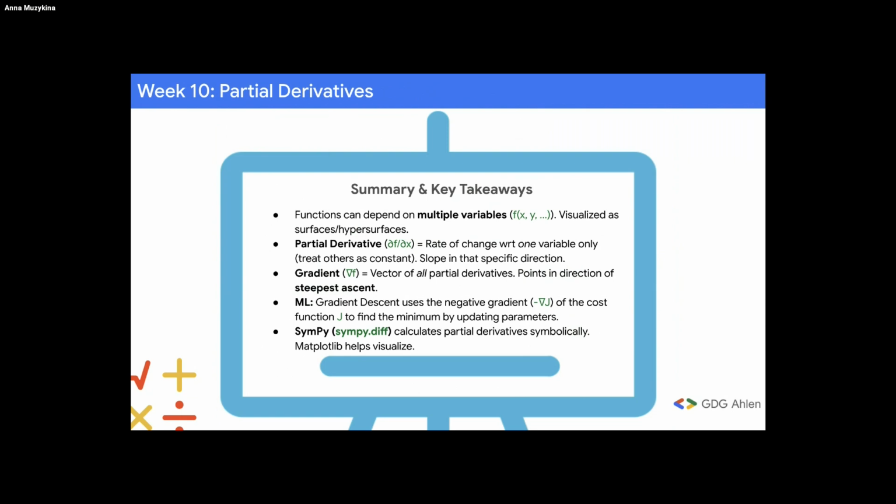Crucially, it points in the direction where the function increases fastest, steepest ascent. This gradient is essential for machine learning's gradient descent algorithm, which minimizes cost functions by moving in the direction opposite to the gradient. We learned that SymPy's diff function easily calculates partial derivatives symbolically, and Matplotlib helps visualize the concepts. So we don't need to do this manually.